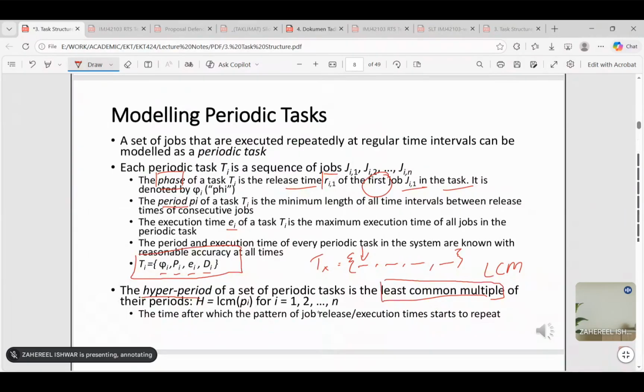I think you guys learned about this in high school, Form 3, tak silap saya. It is the time after which the pattern of job release and execution times starts to repeat. So that is what is meant by hyperperiod. To calculate hyperperiod, you have to calculate the LCM of the periods of all tasks in the particular set given. Ini just throwing formula to you guys.